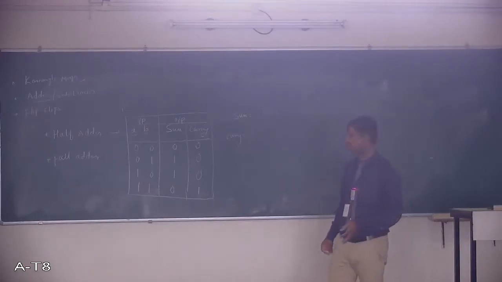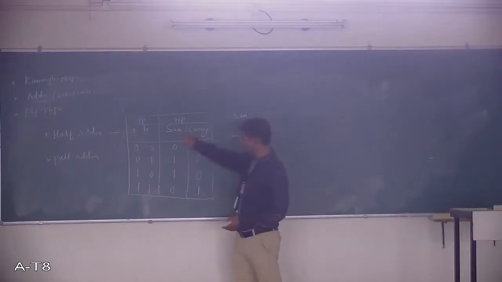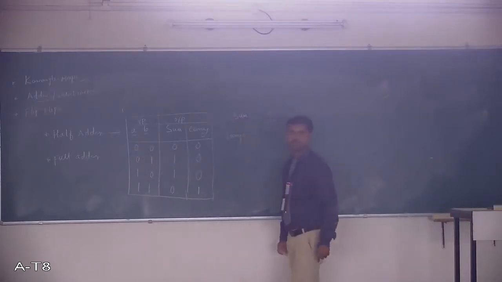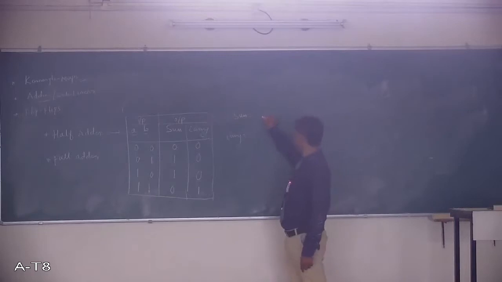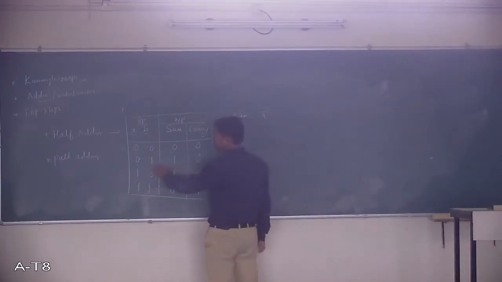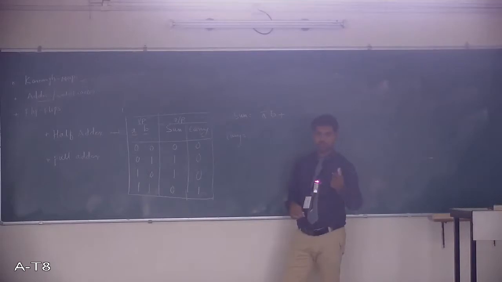How to write sum expression? For sum, output is 1 here. Take this condition 0, 1. This variable is A, since it is 0, it's a complement, A bar. Next, this is 1, so it is B. Then you should use plus for every combination.